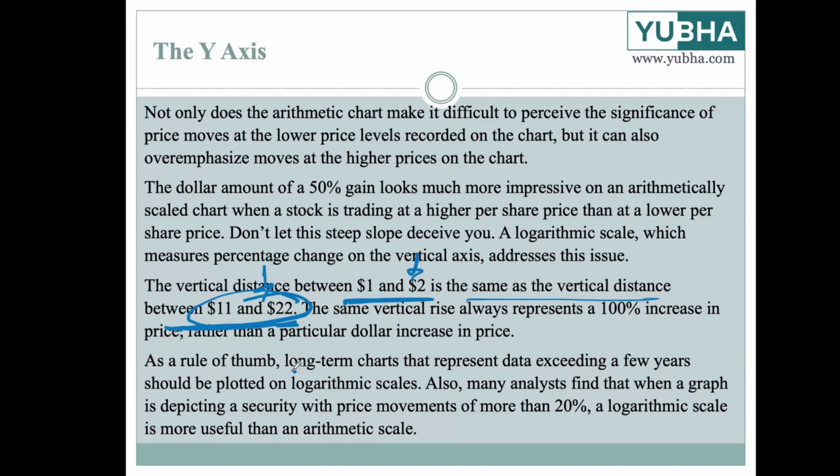Longer term charts that exceed a few years should be plotted on a log scale, and whenever there is a price movement of more than 20%, typically a log scale is better than an arithmetic scale. And just remember these numbers, because in the exam they can ask you when is it that you would switch from an arithmetic scale to a log scale.